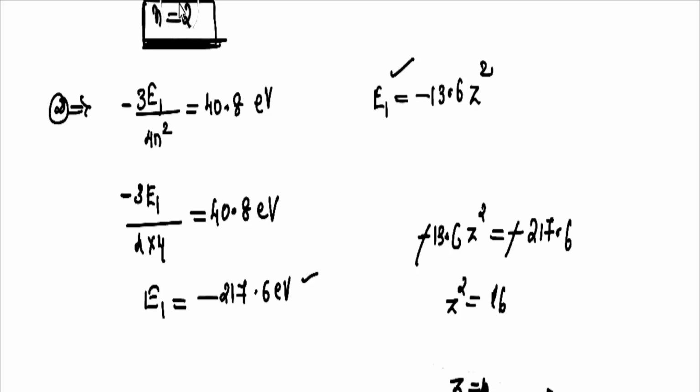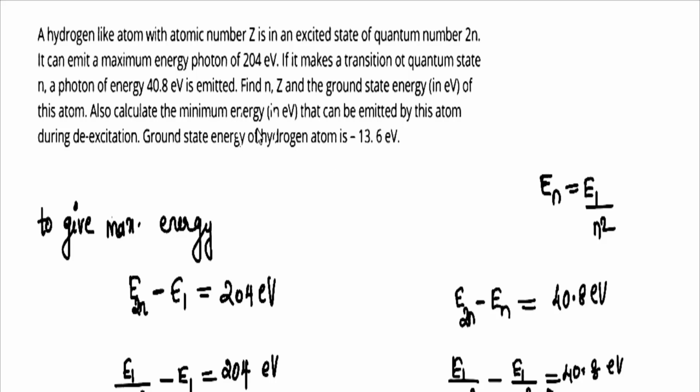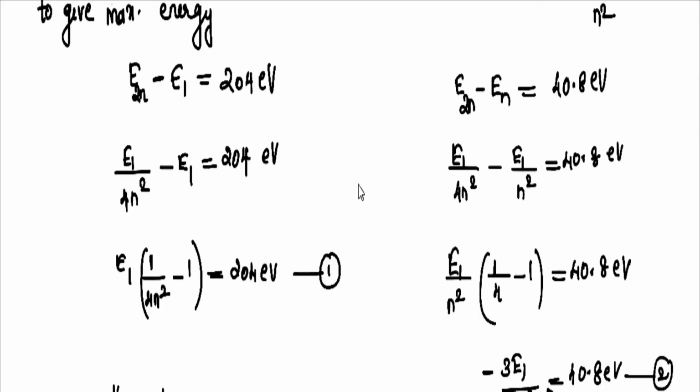What is our next question to find? It is asked to find the minimum energy that can be emitted by this atom during the de-excitation. So minimum energy means the transition from the final orbit to the very next nearby orbit, that is E minimum is equal to E2n minus E(2n minus 1). What is n here? n is equal to 2.